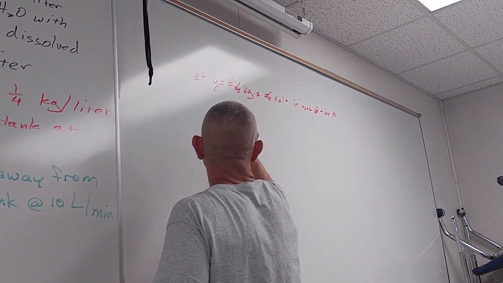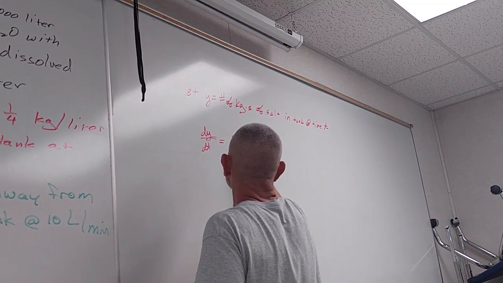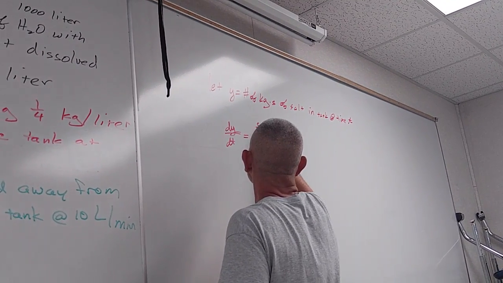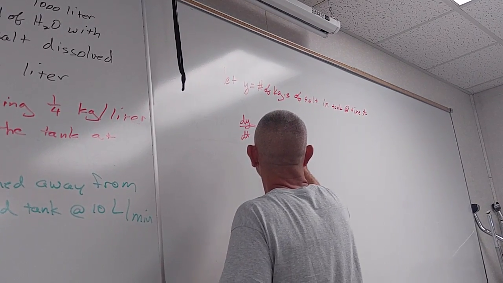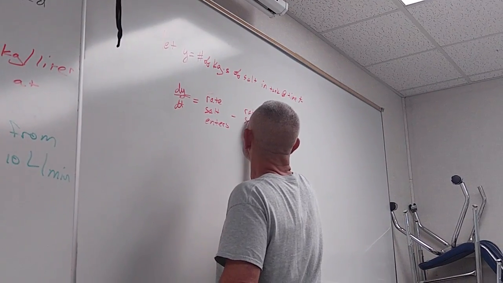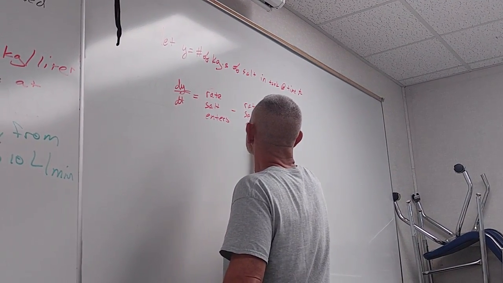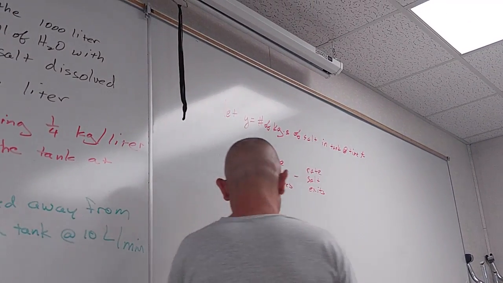Well, we're out of time, so let me just do this fast. It's going to equal the difference between the rate that salt enters and the rate that salt exits. Well, how fast is salt entering?